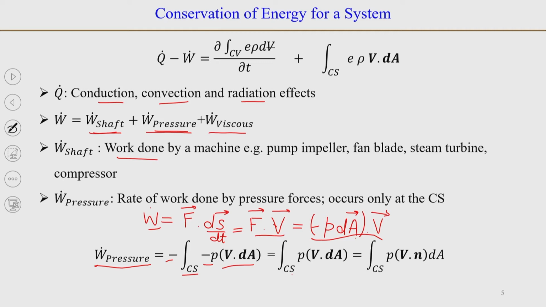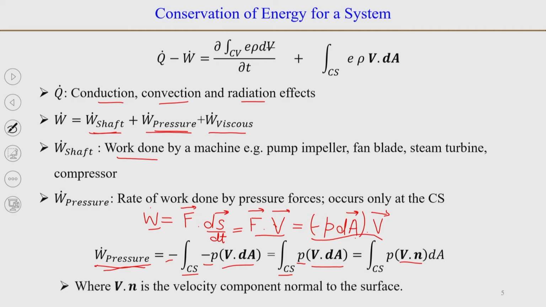You will have the integral over the control surface of P v dot dA, which is the rate of work done by the pressure force. We can also write this in terms of v dot n times dA, where dA is the area of the surface and v dot n is the velocity component normal to the surface.